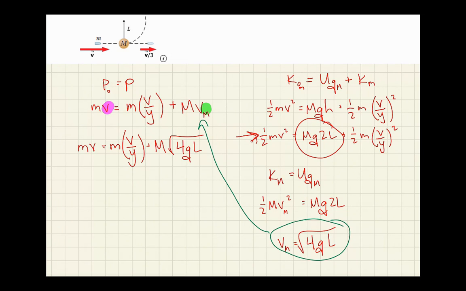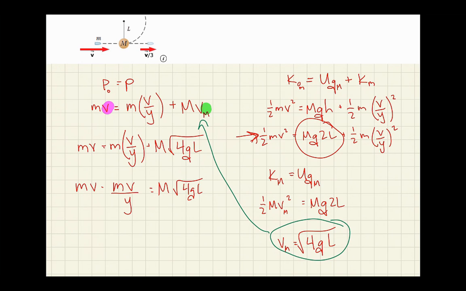And then I can solve this for the little v. So that would be mv minus mv over y equals big M square root of 4gL.